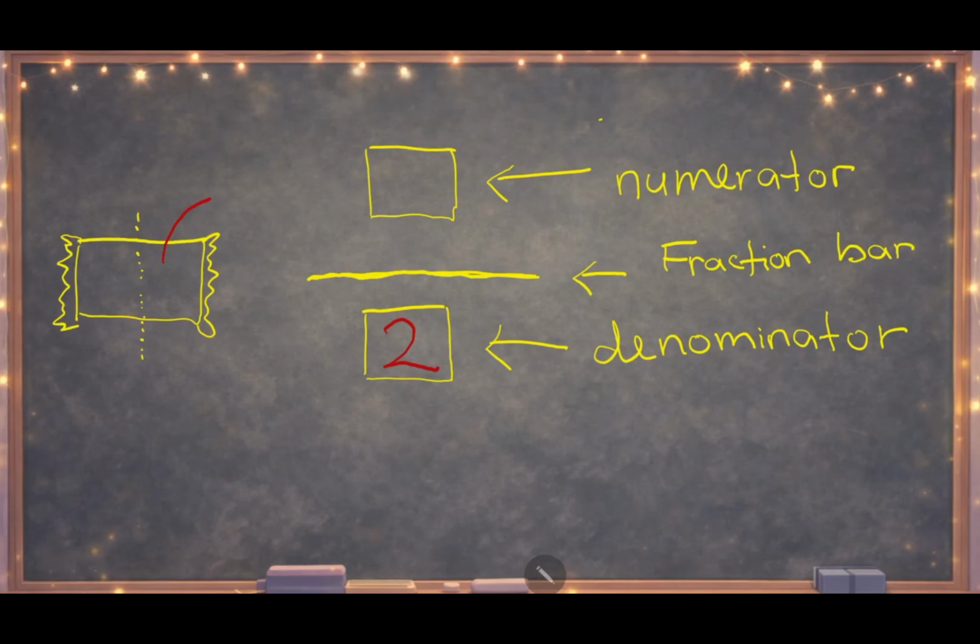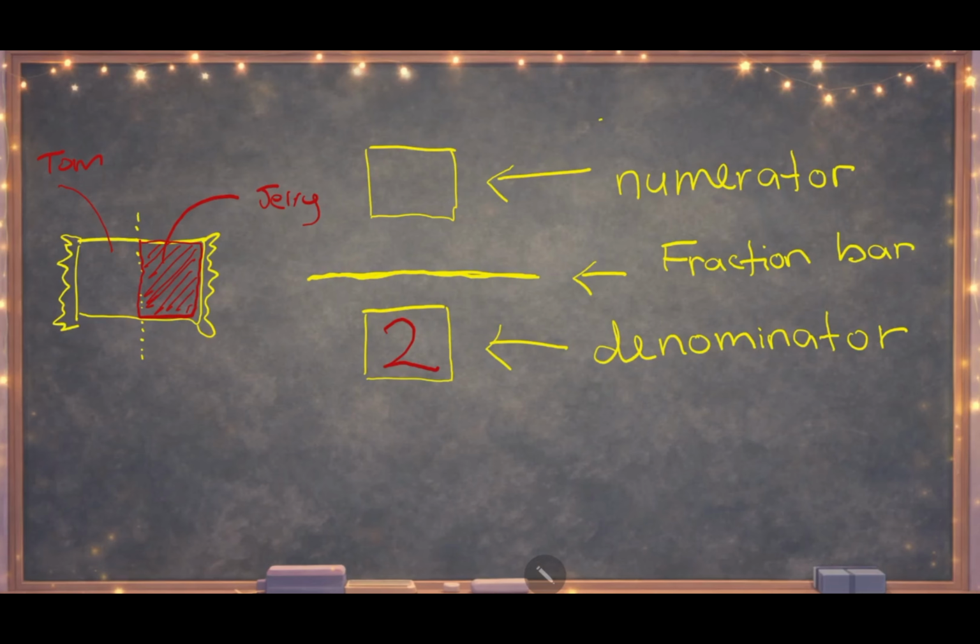Now let's have a look at the numerator. We know that this side is eaten by Jerry, and this side is eaten by Tom. So if I was to color the part that Jerry has eaten, then out of the two equal pieces, Jerry ate one.